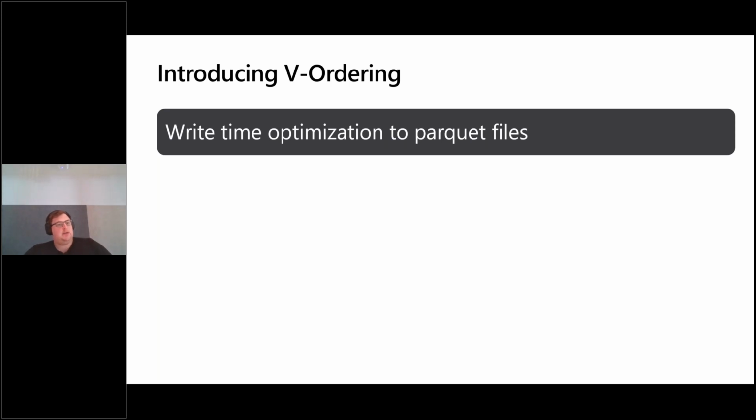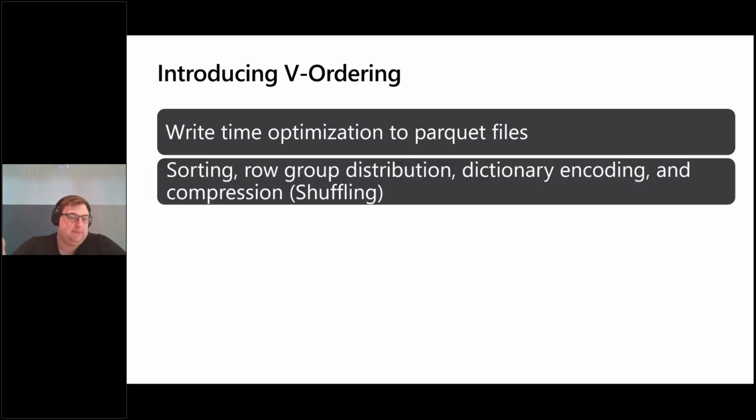It's a write-time optimization to those files. When the files are being written to disk, we apply an optimization. You need to understand it's a certain way of how we sort the data, how we distribute the data across the row groups, how we do the encoding, and how we do compressing and shuffling. We do some proprietary magic to make it work best with our engines.